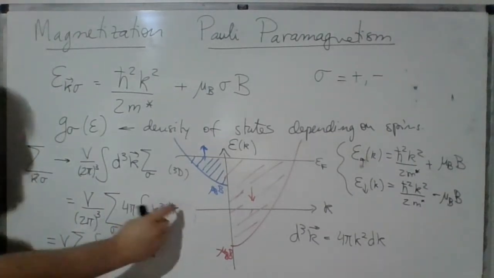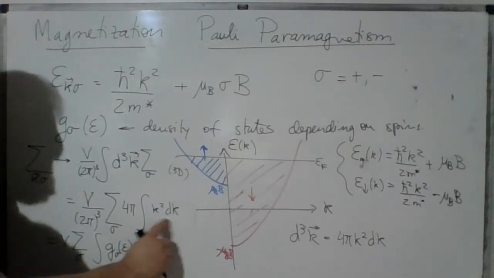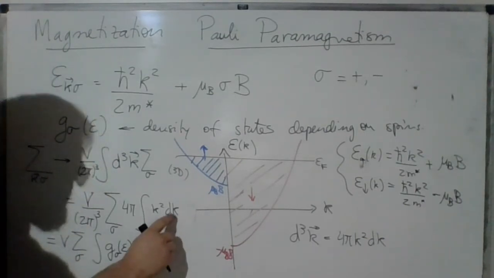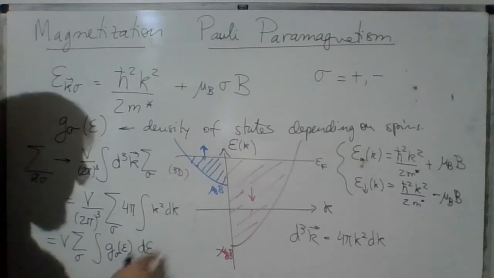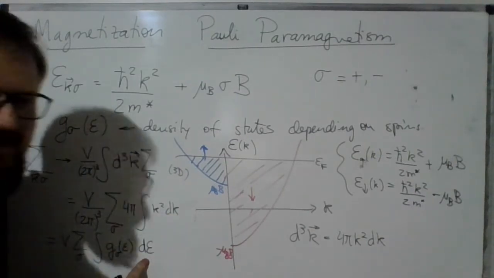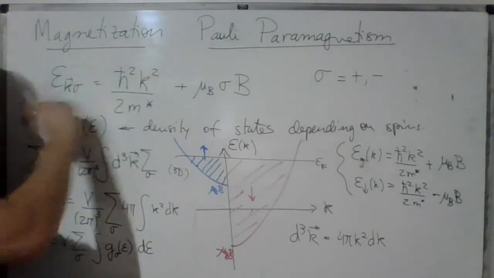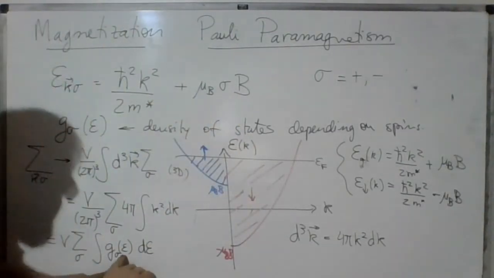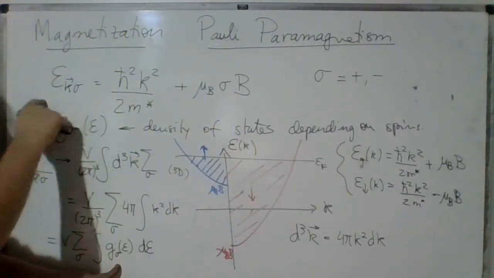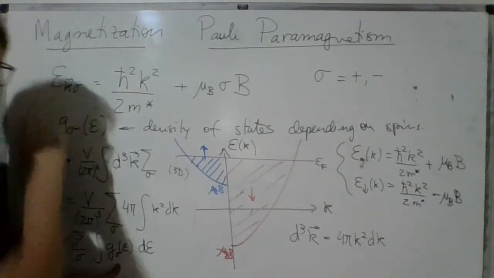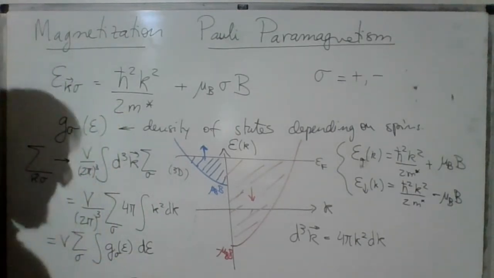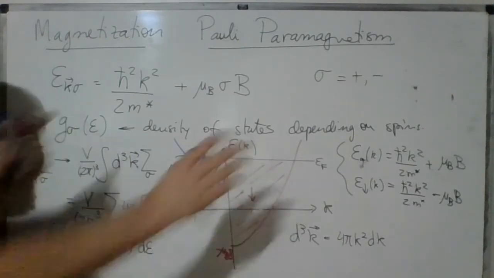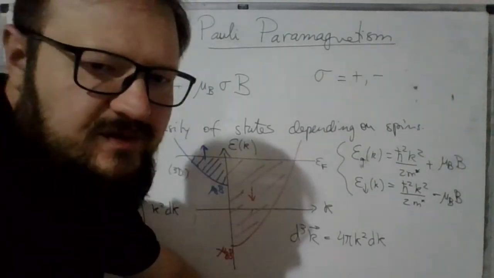So I need to make a change of variable here, for which the integral over dk is replaced by an integral over energy, because the two variables are connected to each other. Okay, this energy here is this form of the energy. But we now omit the dependence on k, because we are integrating out everything.